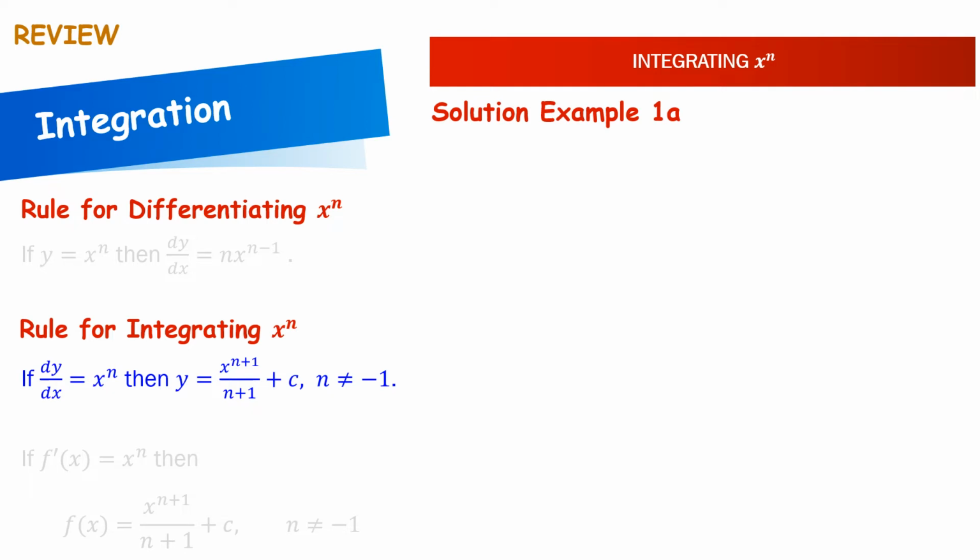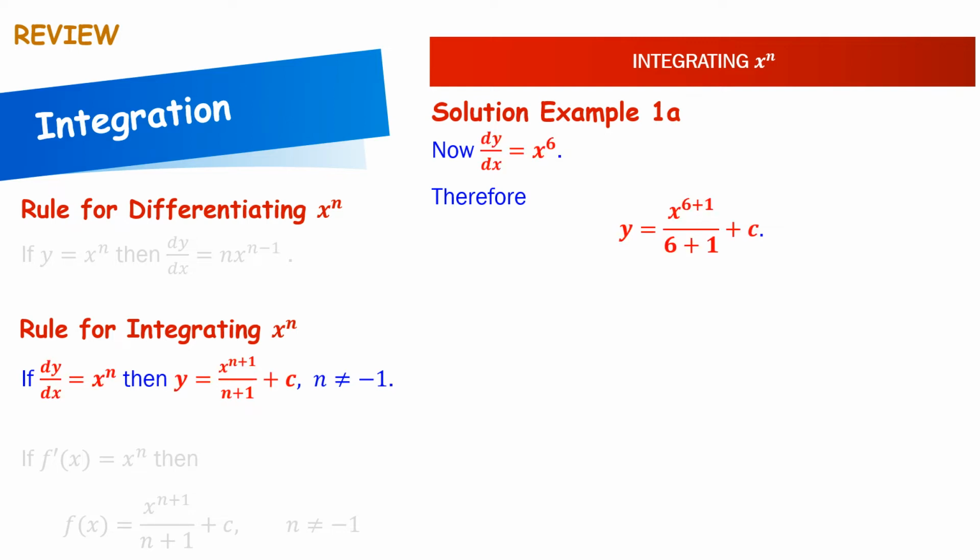So let's solve example 1a first. The rule which we will be using has been highlighted. Since dy dx equals x to the power 6, when we apply this rule, we add 1 to the power and then divide by that new power. So we now have x to the power 6 plus 1 divided by 6 plus 1.